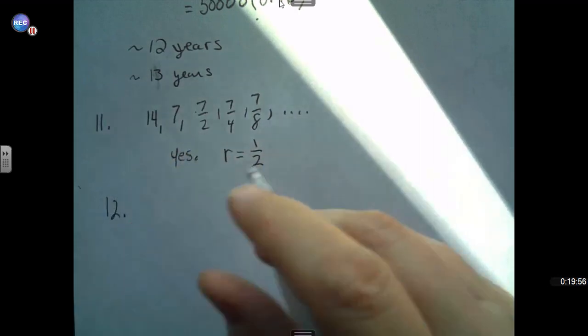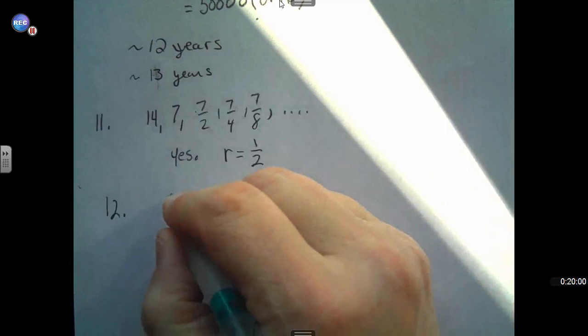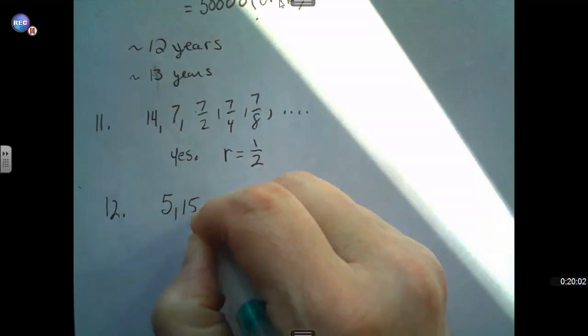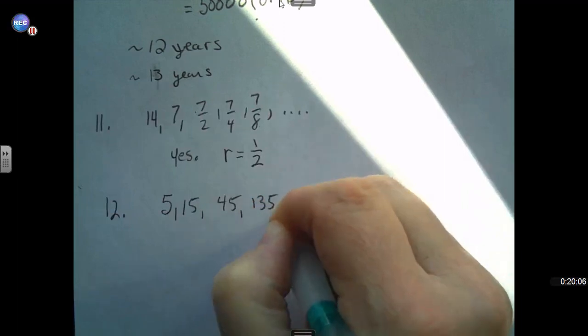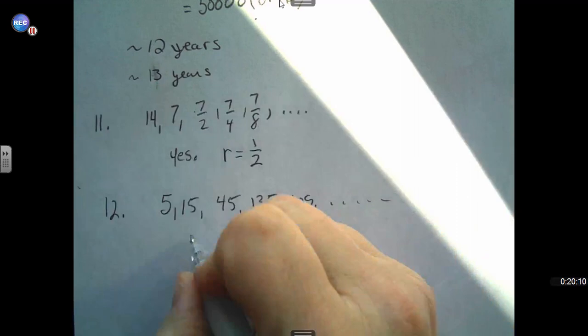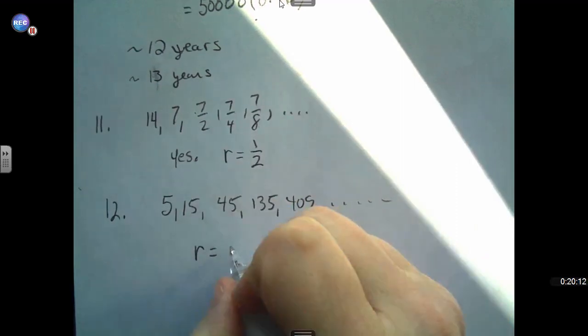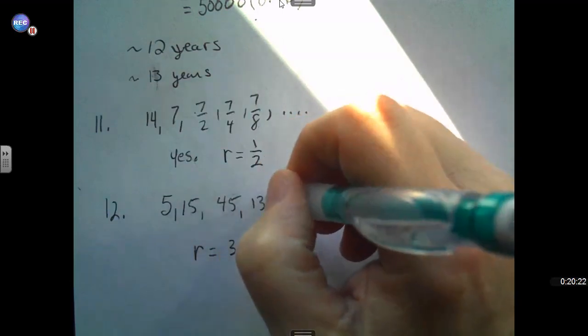Number 12, what are the explicit and recursive formulas for the sequence 5, 15, 45, 135, 405, and so on. Well, the common ratio there is going to be 3. 15 divided by 5 is 3, 15 times 3 is 45, 45 times 3 is 135.